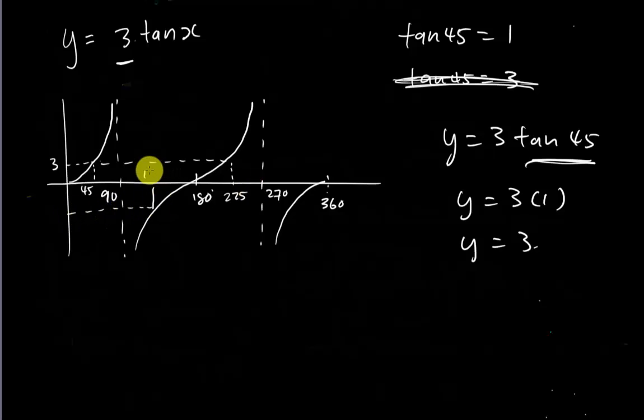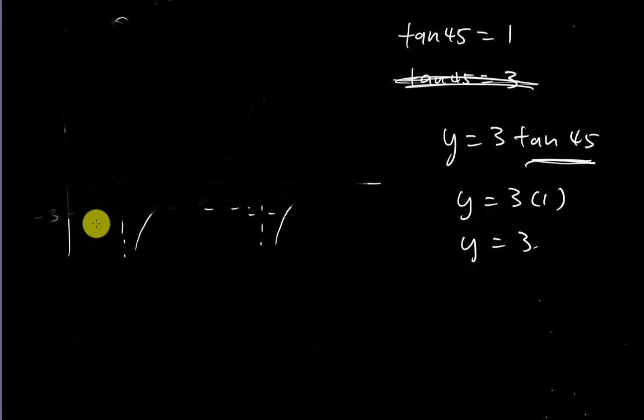This is 135, which is negative 3. And same thing over here, which is 315. Okay, this is what happens when there's 3 tangent x. But for tangent, so far in exams, they will never give you the amplitude, because the amplitude for tangent has not much meaning. So the exam won't come out like this, so you no need to worry.